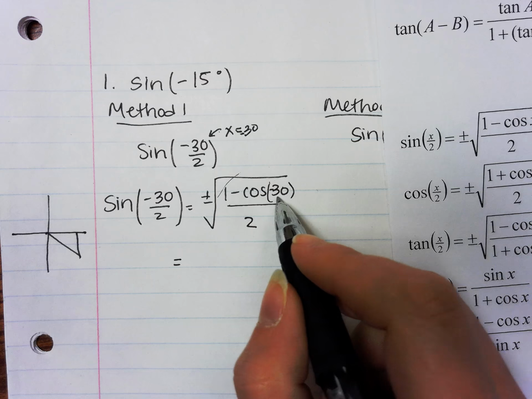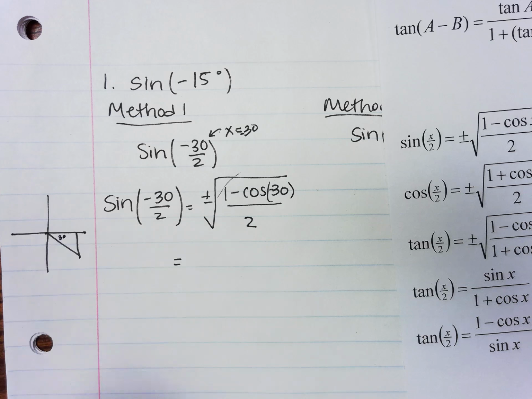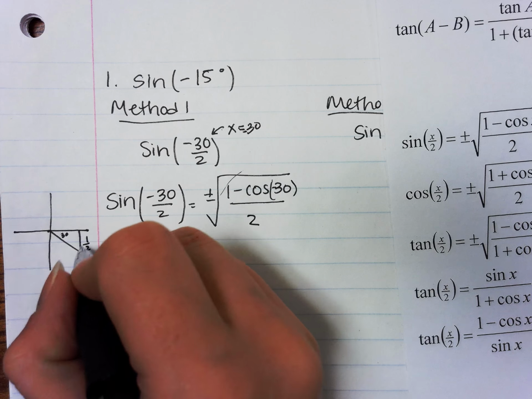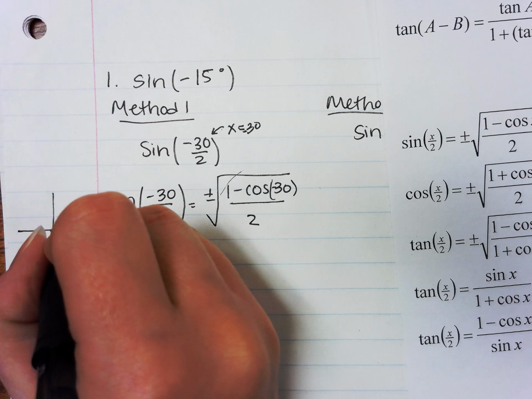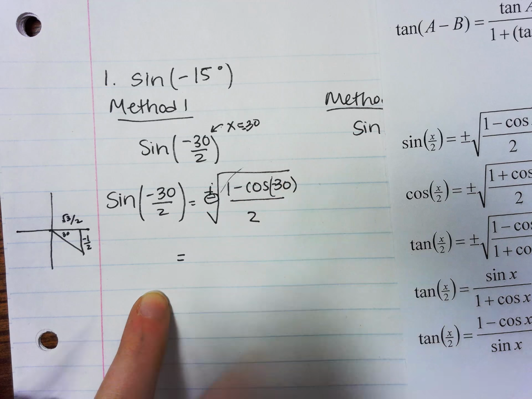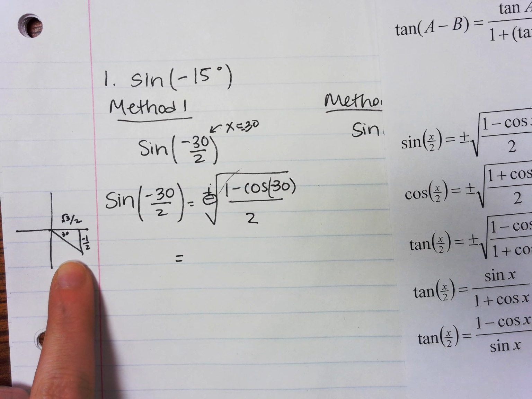And to evaluate cosine, this would be a 30-degree angle for my reference triangle, meaning that this is 1/2, negative, and this is root 3 over 2. So again, this is a negative value for my sine, being in quadrant 4.